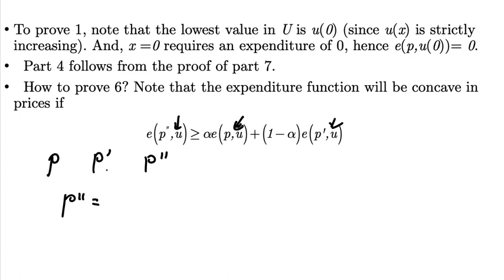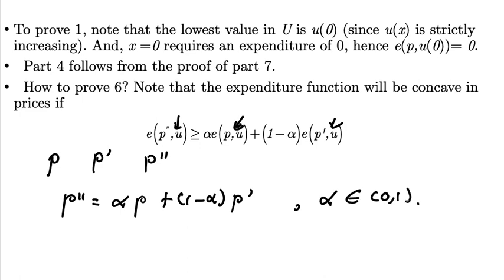How do we combine them? By using the weight alpha. P double prime equals alpha P plus 1 minus alpha times P prime. So we have three different prices here, and alpha is the weight, which must be between 0 and 1.